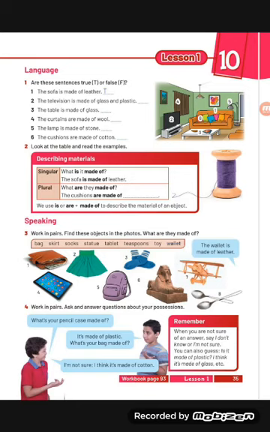Now let's turn to exercise number 2. We have to look at the table and read the examples. Here we have a small grammar rule. It teaches the structure of made of, how things are made, and what they are made of.